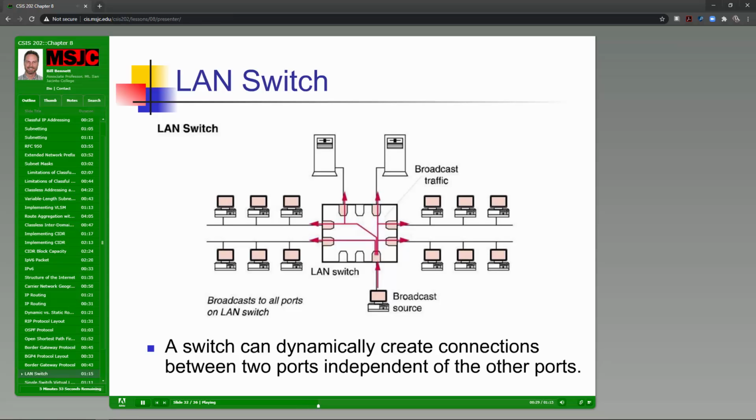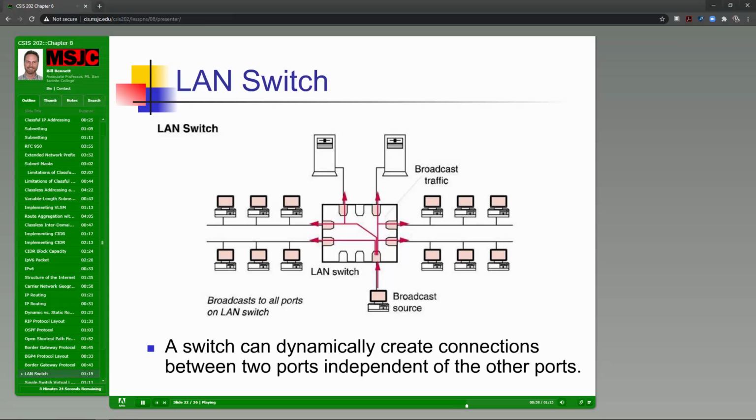So the big difference, remember, between a switch and a hub is that a hub is always broadcast. In other words, a message sent into a hub comes out all ports, whereas with a switch, the switch is dynamically identifying the pathway between the source and the destination, and only those two ports are communicating between those two devices, so that frees up all the other ports to be used by the remaining devices on the network.